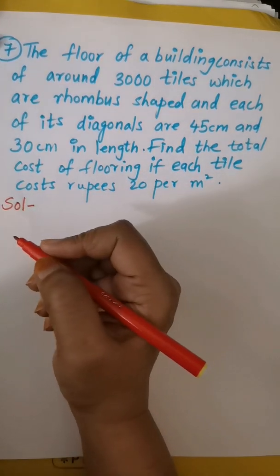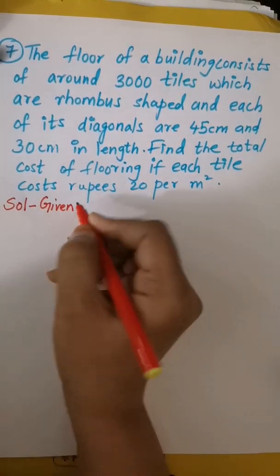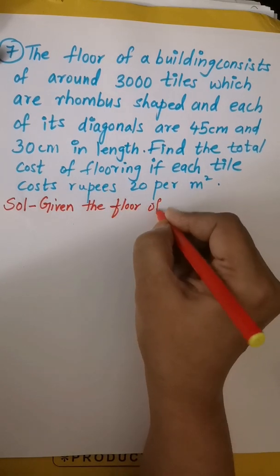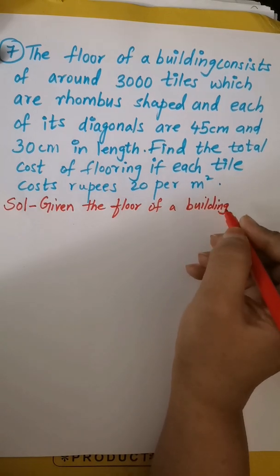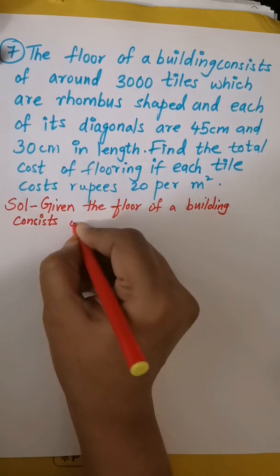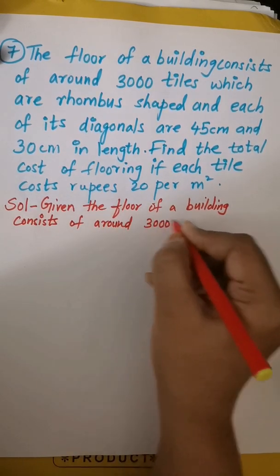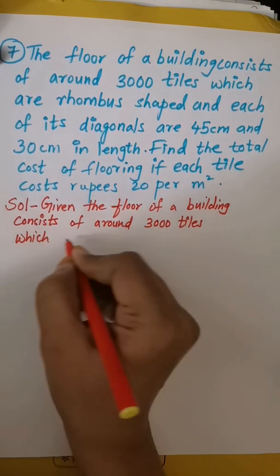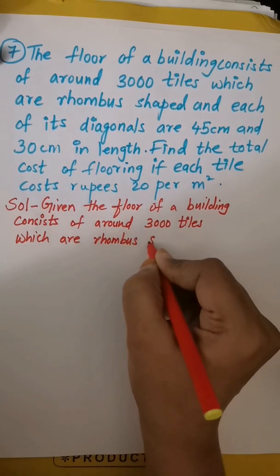Solution. What is given? Given the floor of a building consists of around 3000 tiles which are rhombus shaped.